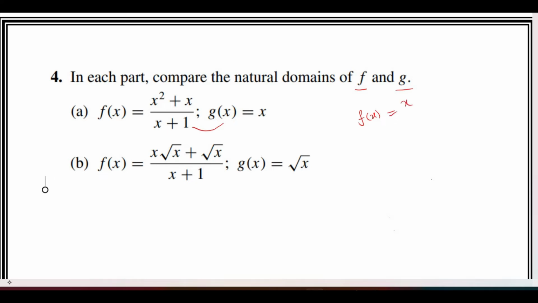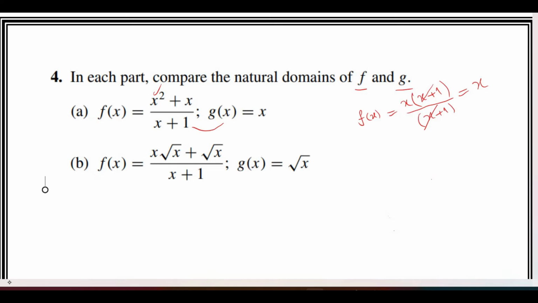If we take x common from the first one, then we are left with x plus 1 in the numerator, and in the denominator we also have x plus 1. So they cancel out each other. We are left with x.